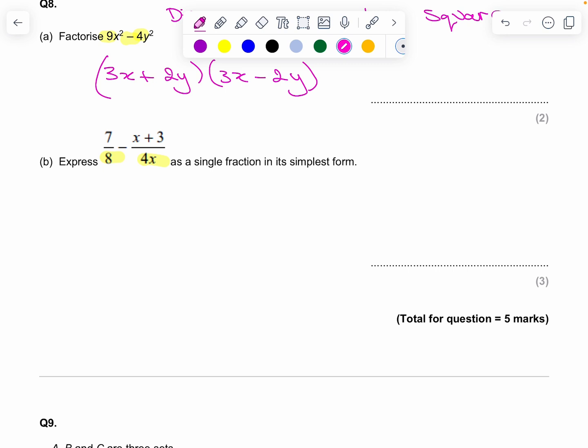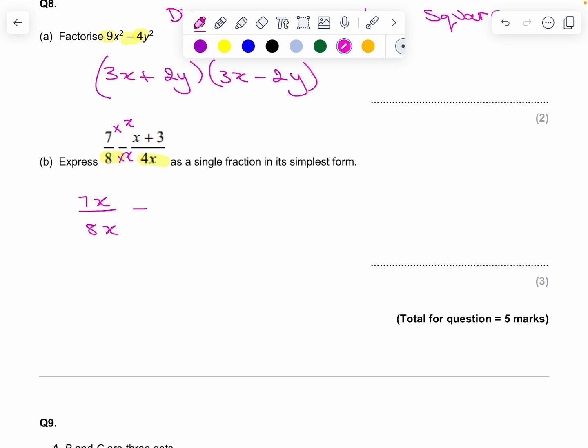To make this one 8x, the first one, I'm going to times by x, times by x. So now that becomes 7x over 8x. Take away.